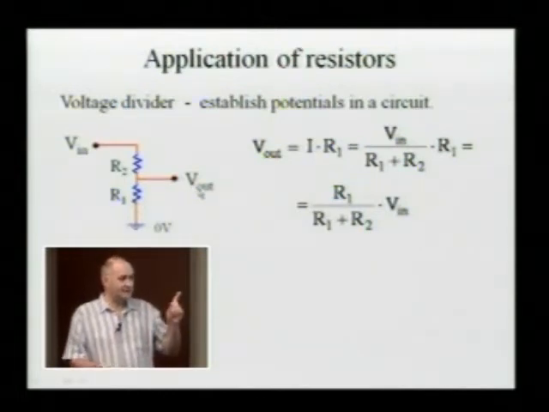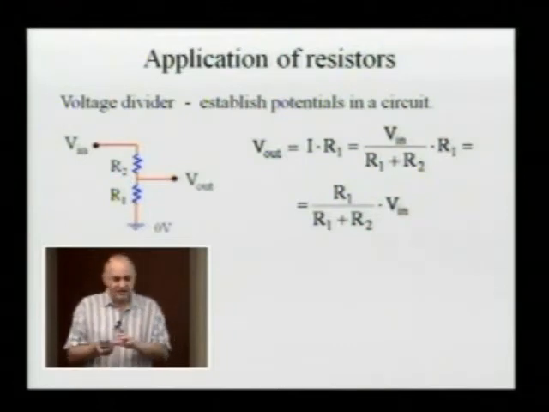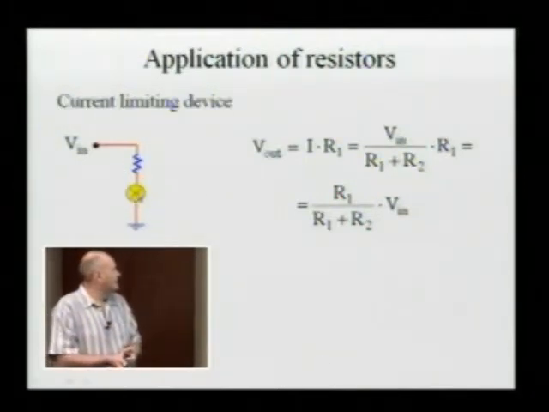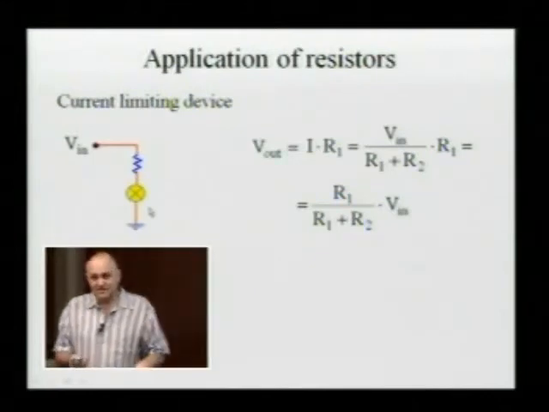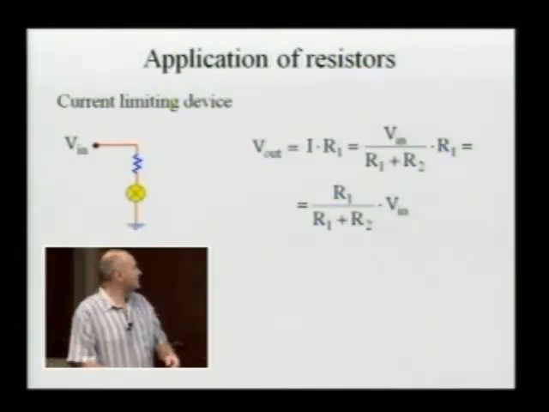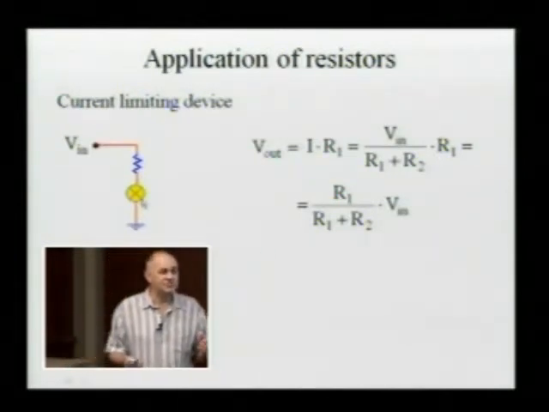Is it clear, Andrew? Yeah, and for everybody? This is actually what happens with the light bulb. Now that R1 on the previous picture is thrown away, I just use whatever is connected as a part of that voltage divider.